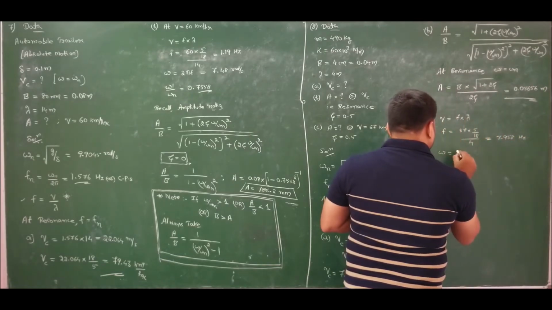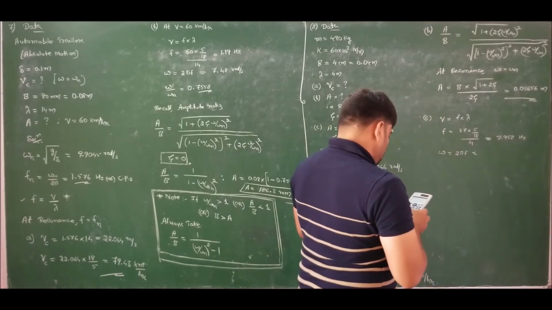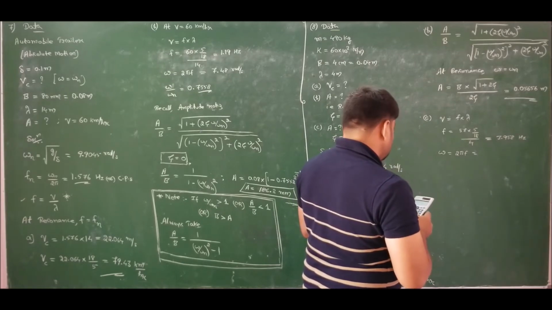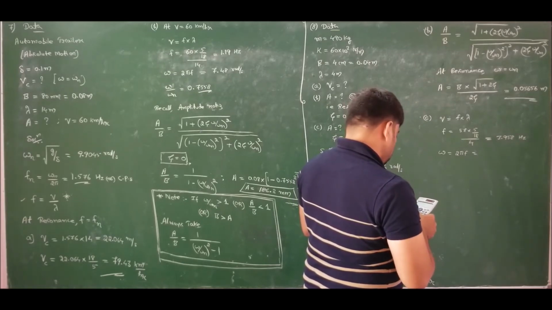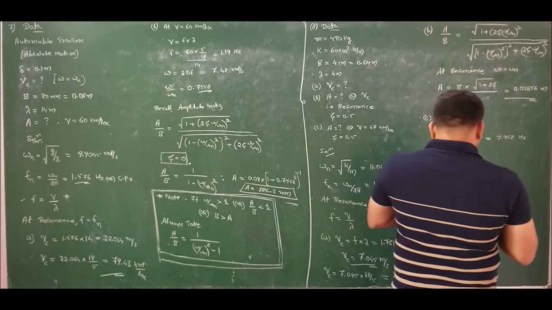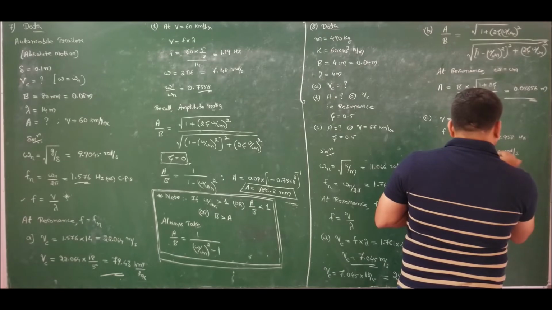Hence I can find the value of omega, which is 2 pi of this, into 2 into pi, which is turning out to be 24.87 radians per second.